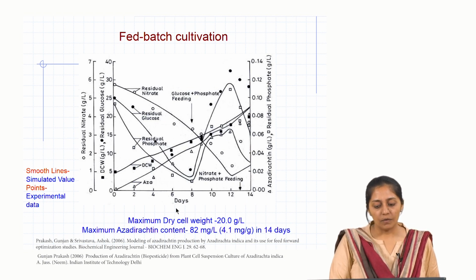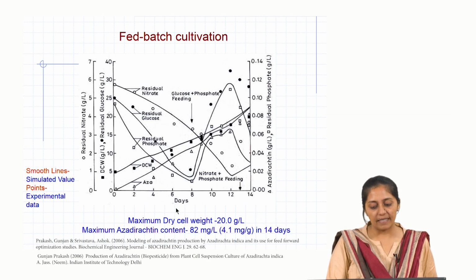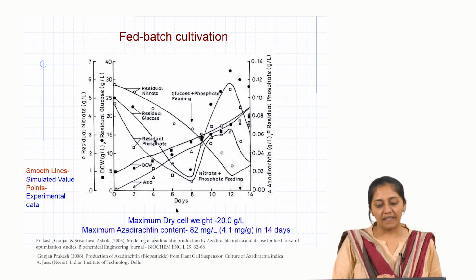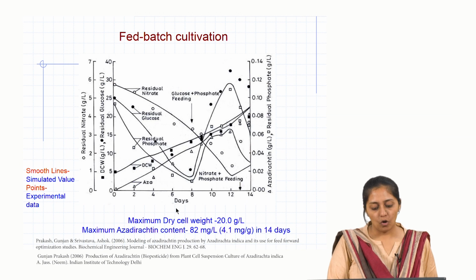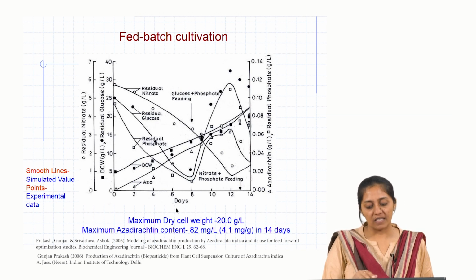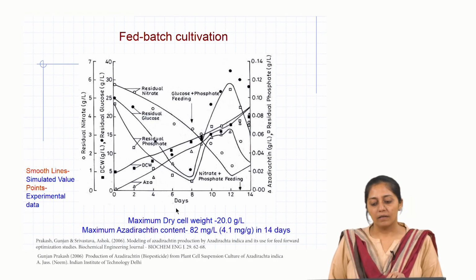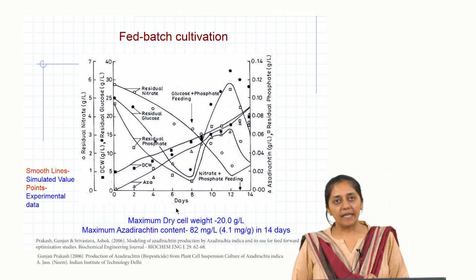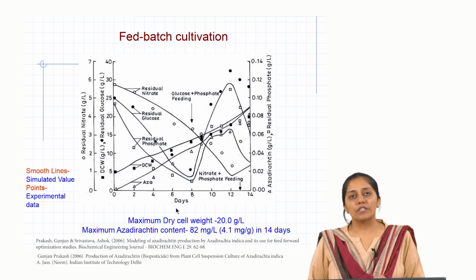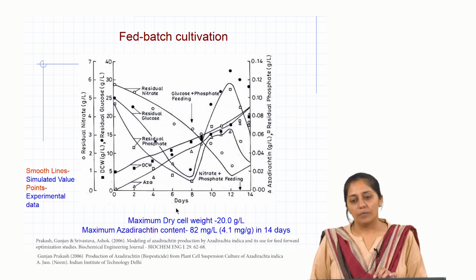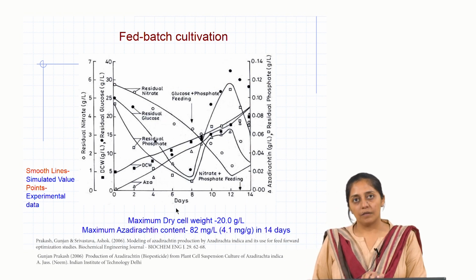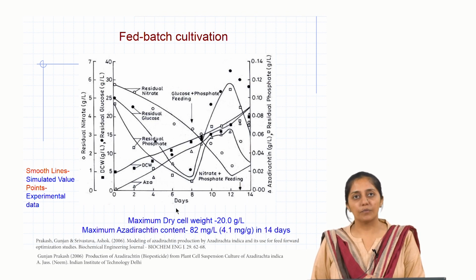The dry cell weight is increasing continuously up till 14 days and the azadirachtin is also increasing continuously till the 14th day, while residual nitrate was becoming limiting around the 12th day. So, possibly that is the reason why the nitrate feeding was started again on day 12.